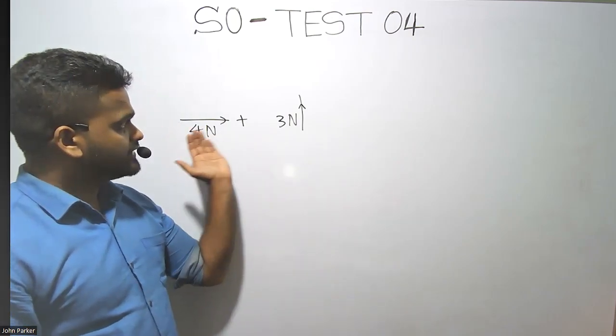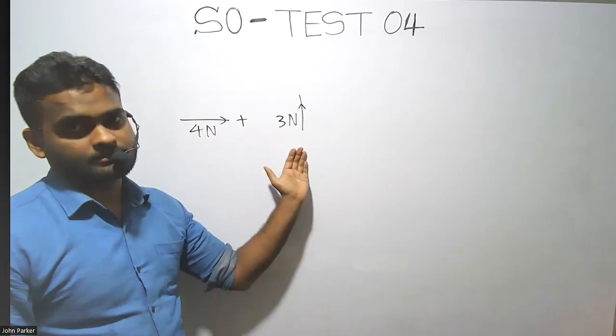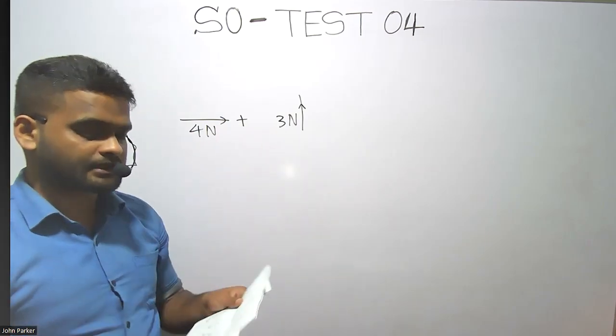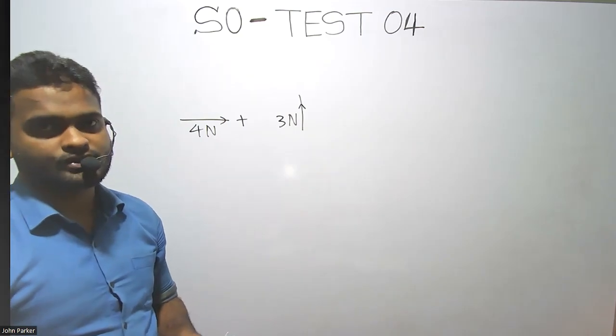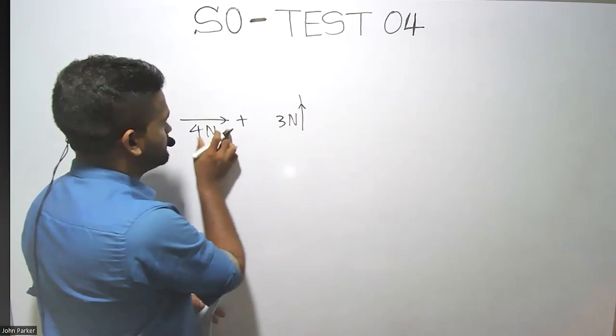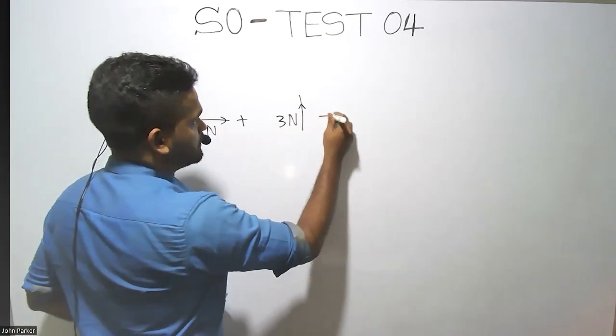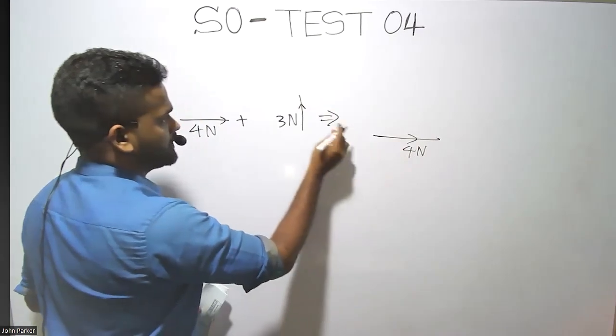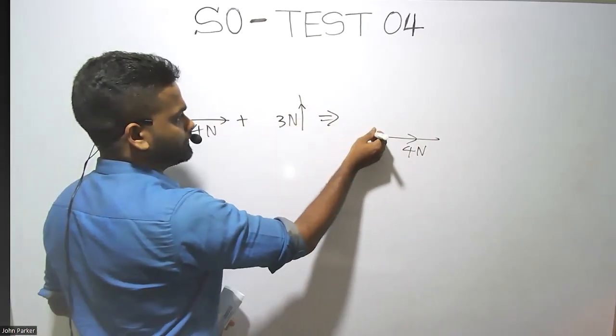You can make this a parallelogram. I'll explain two ways to do this question. According to the parallelogram law, how do you make it a parallelogram? Keep 4 Newton here. Bring 3 Newton to there.